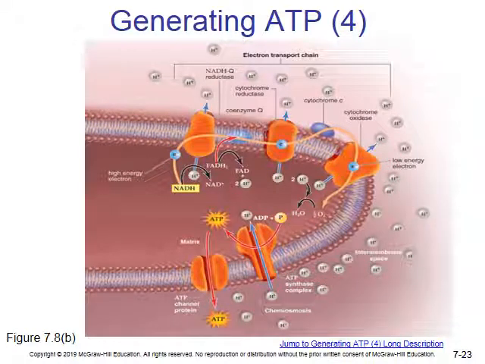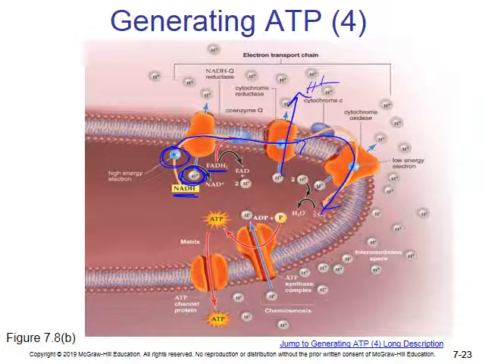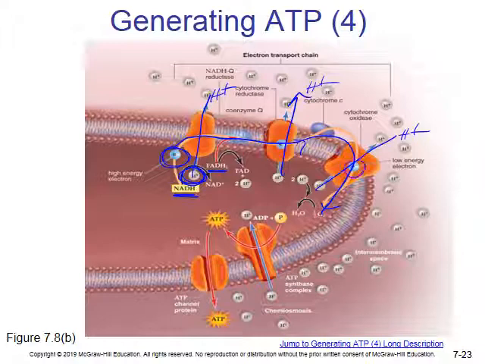Let's follow this one more time. The NADH and the FADH are going to drop off electrons and hydrogens. As the electron moves through the electron transport chain, hydrogens are going to be pushed through the molecules, the proteins, the enzymes. Finally, the electron gets to the end of the electron transport chain. Oxygen and hydrogens combine to form water.